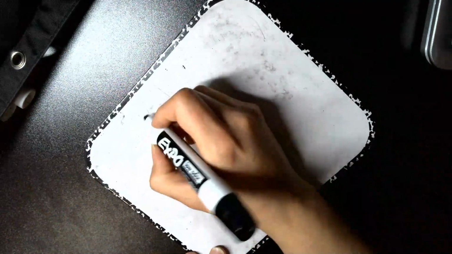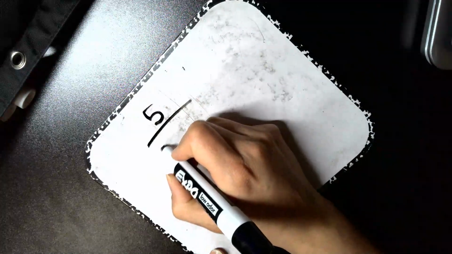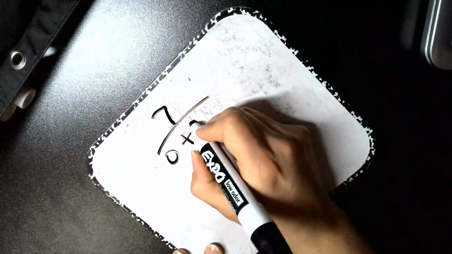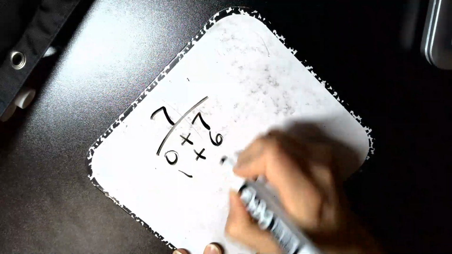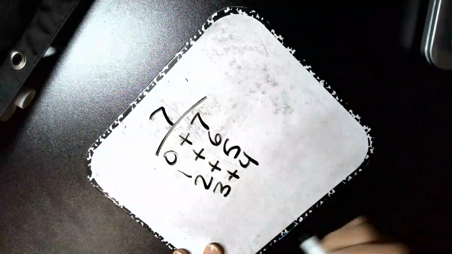And it's also helpful when you're doing any of the other numbers too. I like to do the bigger ones, but factors of 7 are 0 plus 7, 1 plus 6, 2 plus 5, 3 plus 4, and then they repeat.